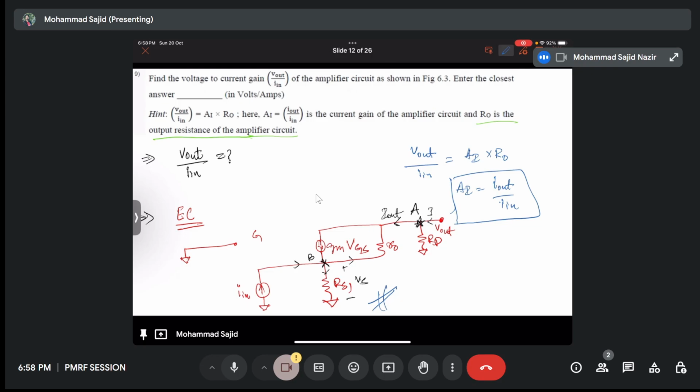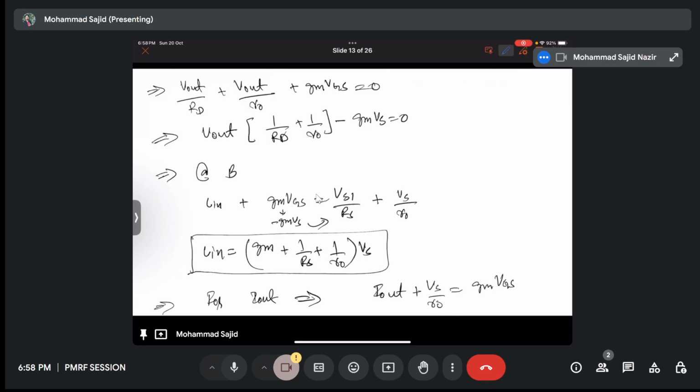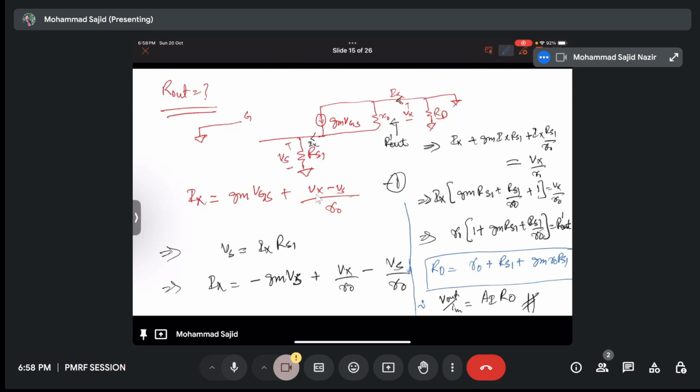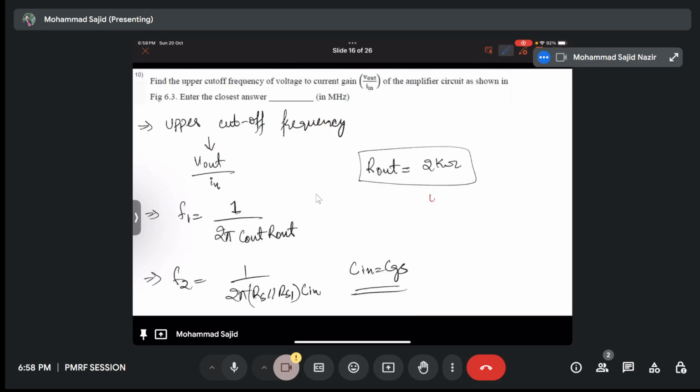You can use this equivalent circuit and follow the nodal analysis, you reach here, and you get IN of this. Similarly, you can then find the cutoff frequencies by using number 1, number 2.